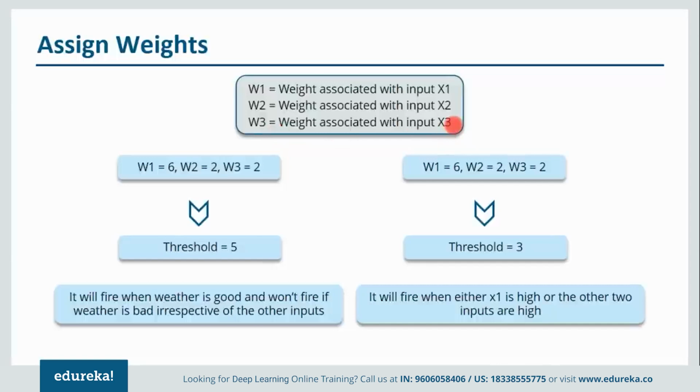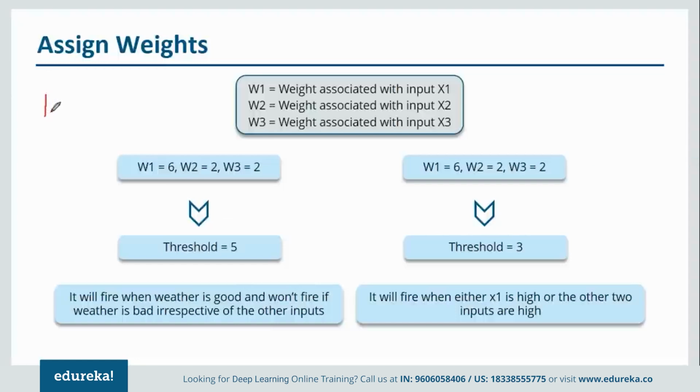As I've told you earlier, weather is a very important factor, so I'll assign a pretty high weight to weather and keep it as 6. Similarly, W2 and W3 are not that important, so I'll keep them as 2 and 2. After that, I've defined a threshold value as 5, which means that when the weighted sum of my inputs is greater than 5, only then my neuron will fire, or you can say only then I'll be going to the beer festival. All right, so I'll use my pen and we'll see what happens when weather is good.